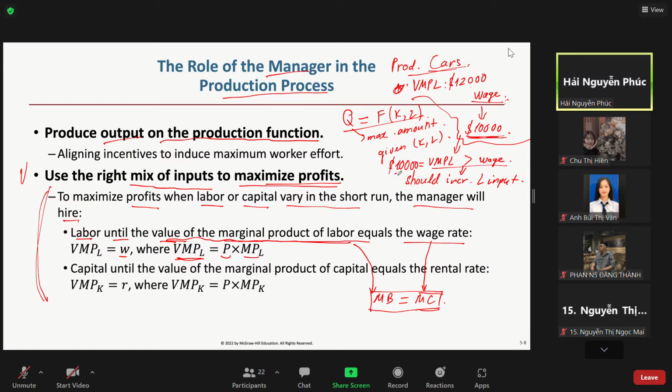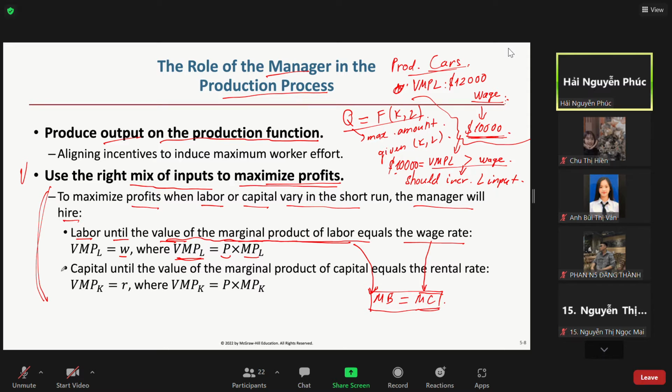That is the point, right? Think about the fact that the value of marginal product is something like the marginal benefit, and the wage rate is something like the marginal cost. And the rule of optimization is that we should make decisions at the point where the marginal benefit is equal to the marginal cost, right?